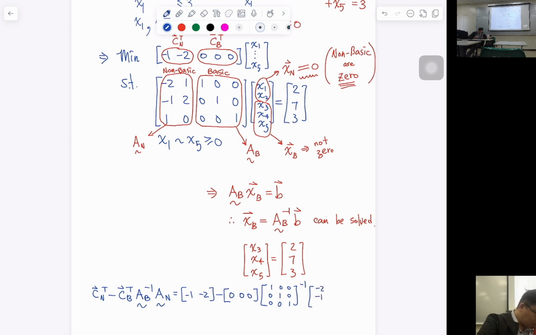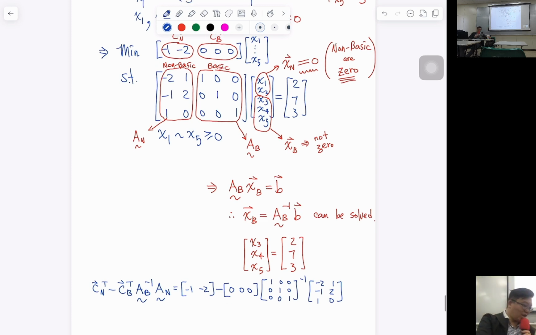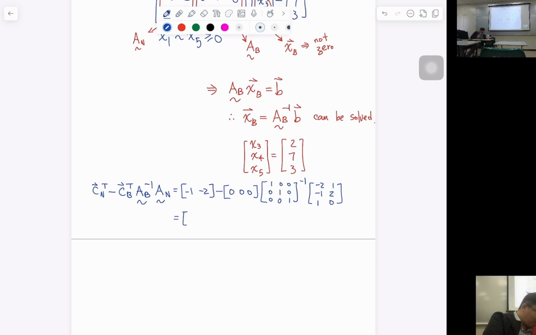Okay, it's a bunch of numbers right here. Compute this. And because of the 0, 0, 0, everything on the right hand side of the minus sign is 0. So at the end, you will have -1 and -2. So what does -1 and -2 mean?